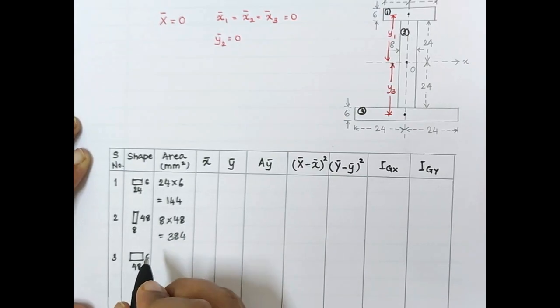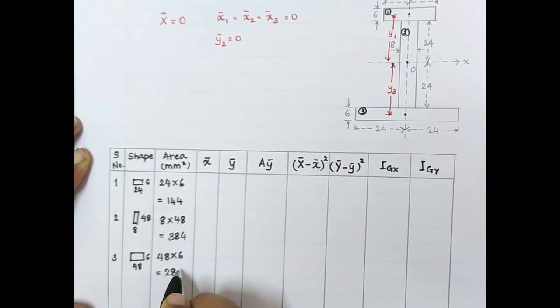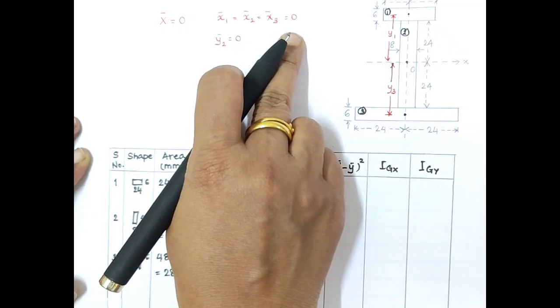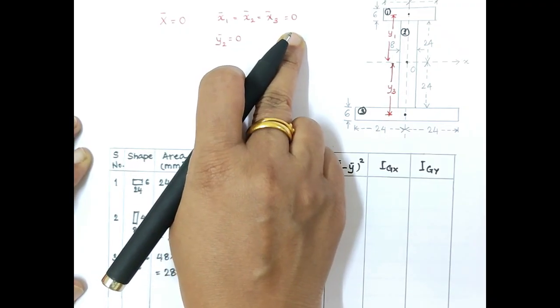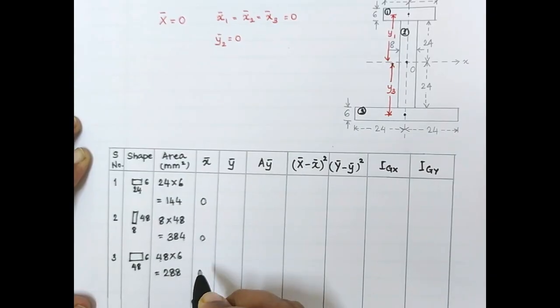The third is 48 by 6, which comes out to be 288. Since we have already checked that the x components of each are 0, we simply mention them as 0.